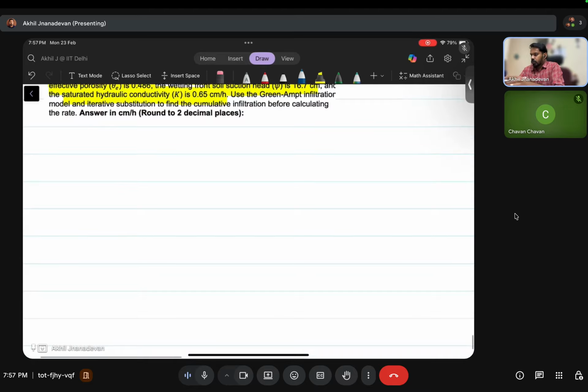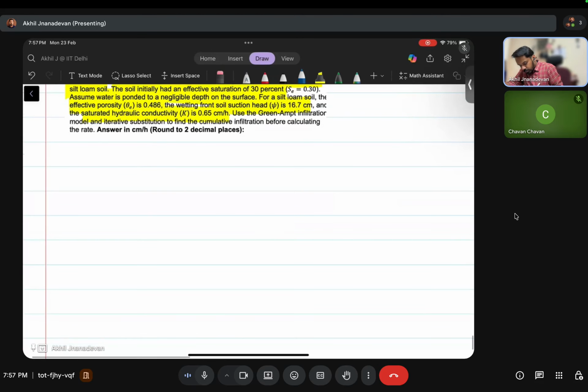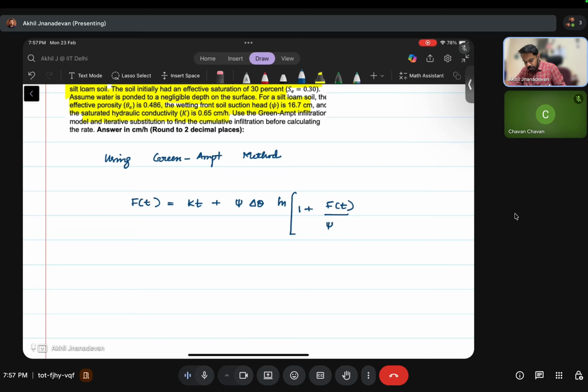Right. So if you have seen the lectures, using the Green-Ampt method, the cumulative infiltration F of t is given by Kt plus psi delta theta into ln of 1 plus F of t by psi delta theta.